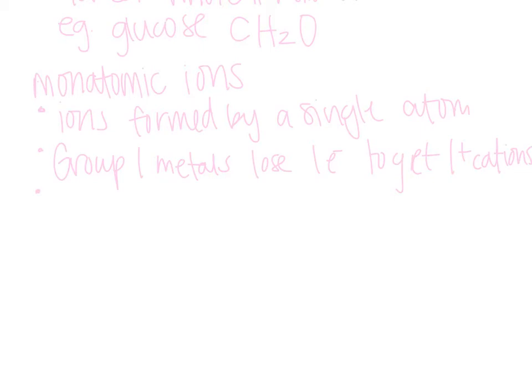Along the same lines, group 2 metals lose 2 electrons to get a 2 plus cation. So that's where the 2 plus on the top of that column or group comes from, is that they lose 2 electrons, so they get more positive by the power of 2.